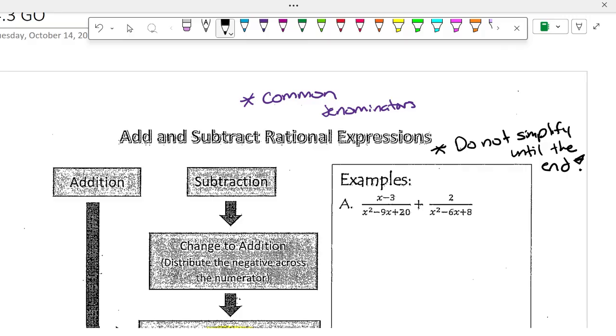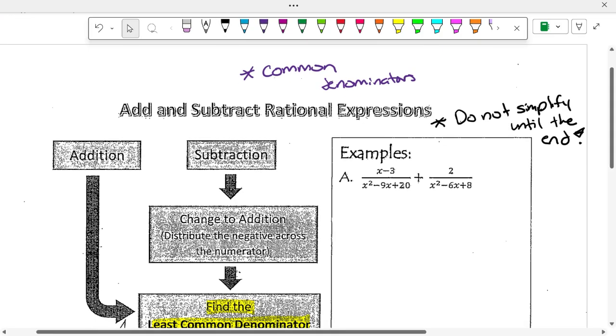Because once you find a common denominator, you have to multiply by a factor to get the common denominator. But what I see happen a lot is some people start crossing out at that point, and in reality, you'll end up with what you started with. So the crossing out simplification, you are not doing until the very end. That'll literally be our last step.